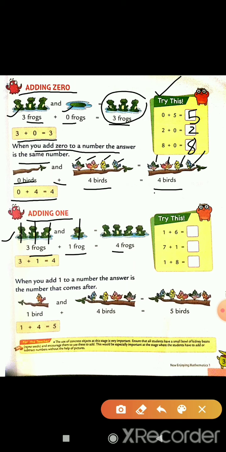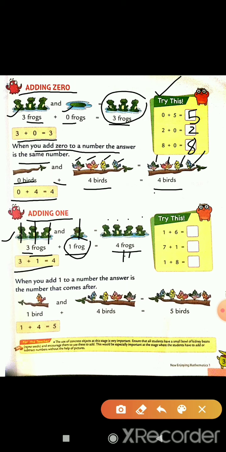How many frogs? 4 frogs. So, when you add 1 to any number, the answer is the number that comes after. What comes after 3? 4. So what is the answer here? 4. So 3 plus 1 is equal to 4.